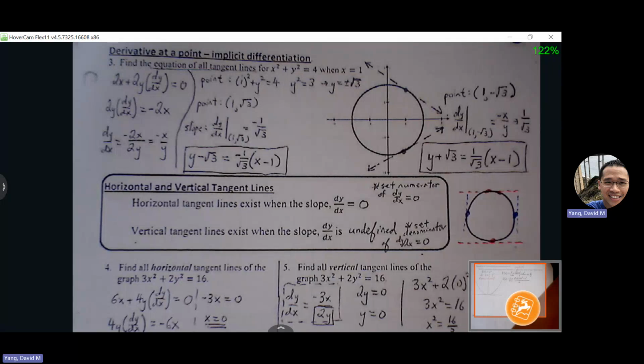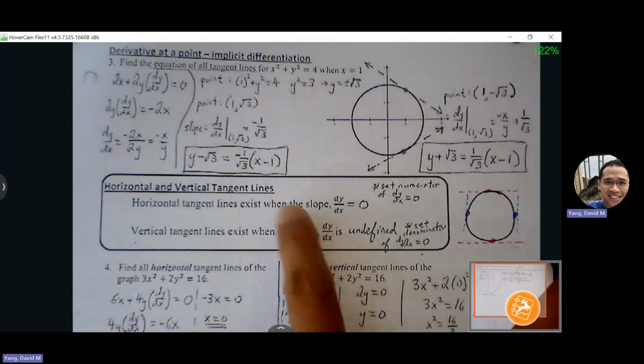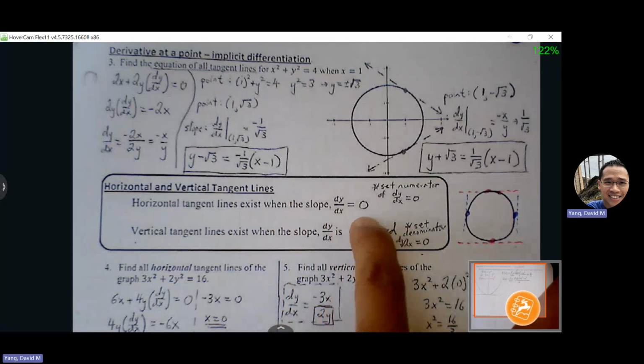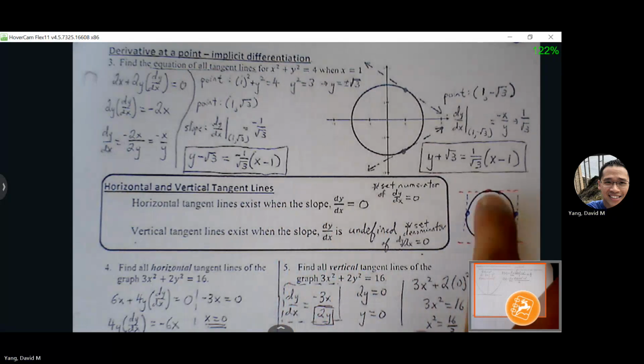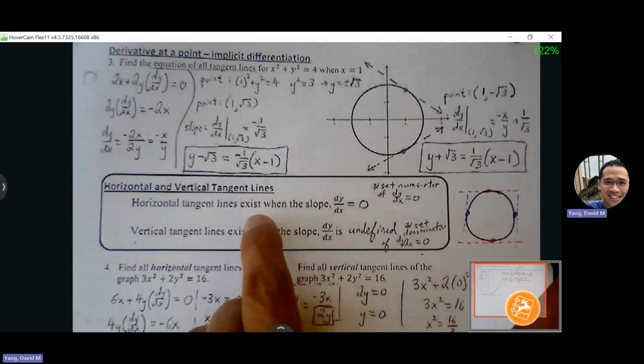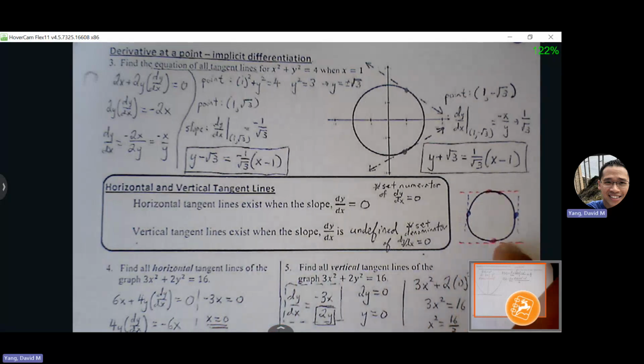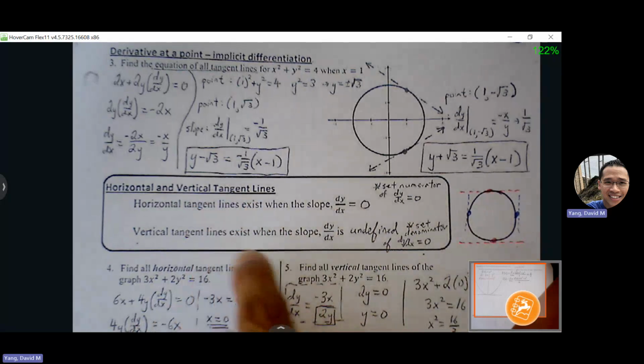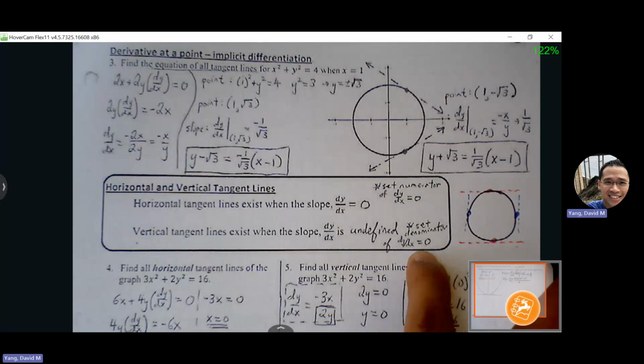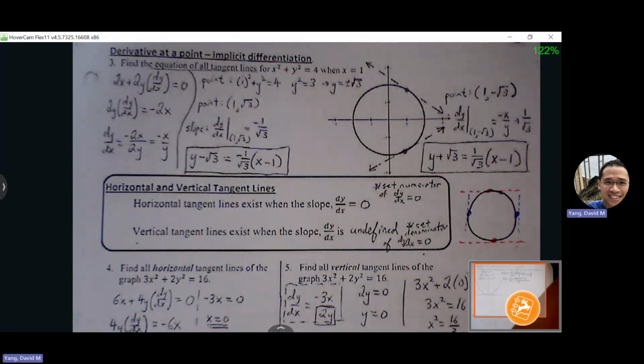But if there is a numerator and denominator, setting the numerator equal to 0 tells me the location where the graph has slope 0, a horizontal tangent. But if there is a place where the slope does not exist, such as a vertical tangent, I can find the location of vertical tangents by setting the denominator of the derivative equal to 0, if there's one that exists.